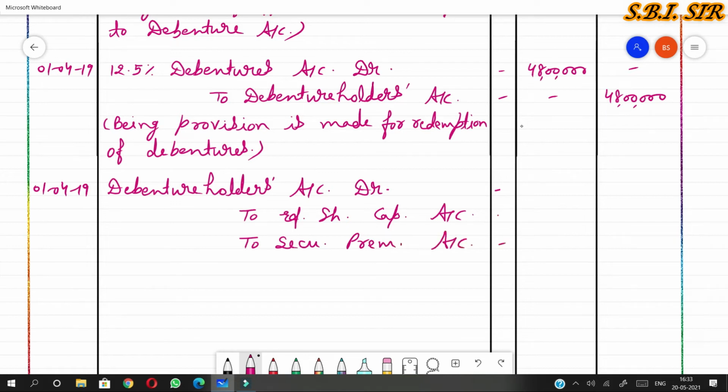Then we have to pay the debenture holders 48 lakh rupees. Then this 48 lakh rupees will be transferred to equity share capital account and securities premium account respectively.